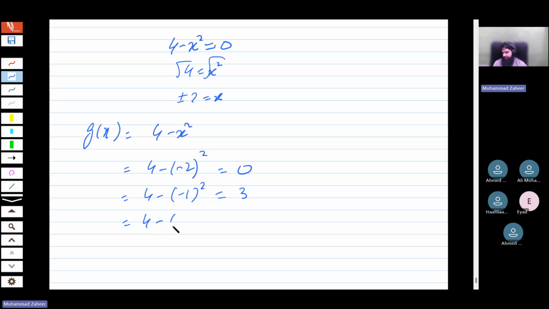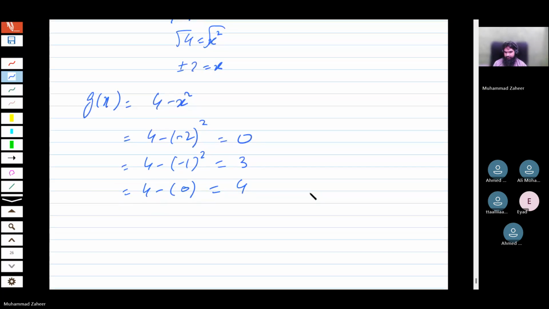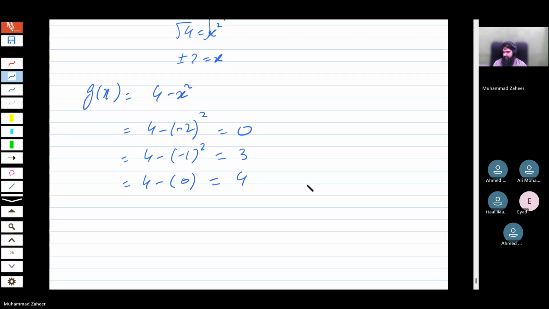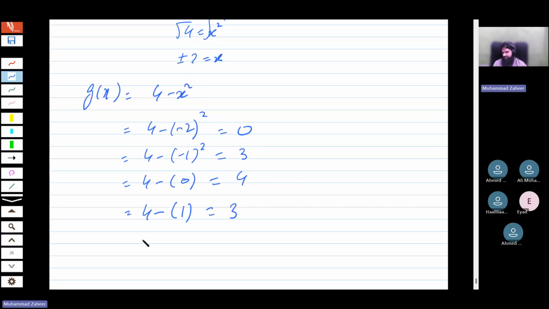If you substitute 0, the answer is 4. If you substitute plus 1, the answer is 3. If you substitute plus 2, the answer is, no, no, it's 0.